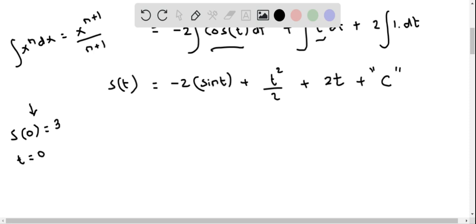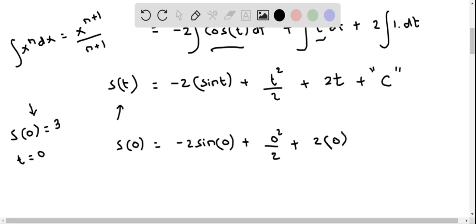Let's plug in t equal to 0 into this position function, which gives s of 0 equals negative 2 times sine 0 plus 0 squared by 2 plus 2 times 0 plus the constant of integration c.